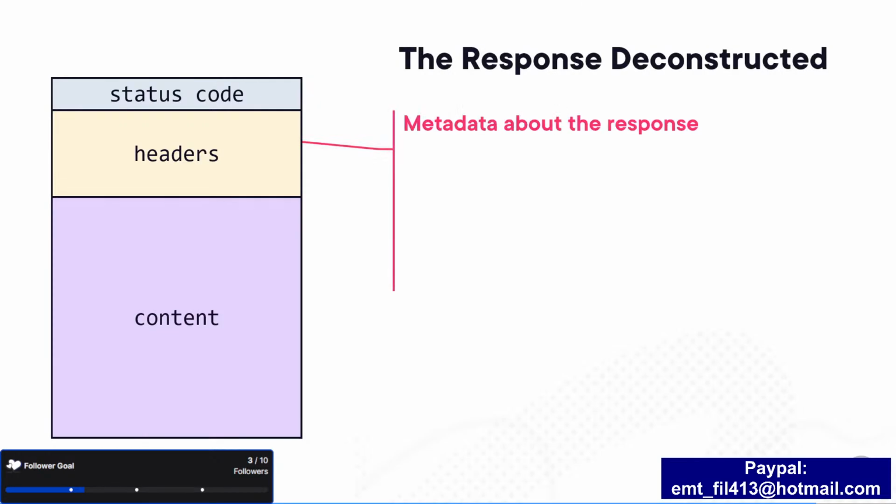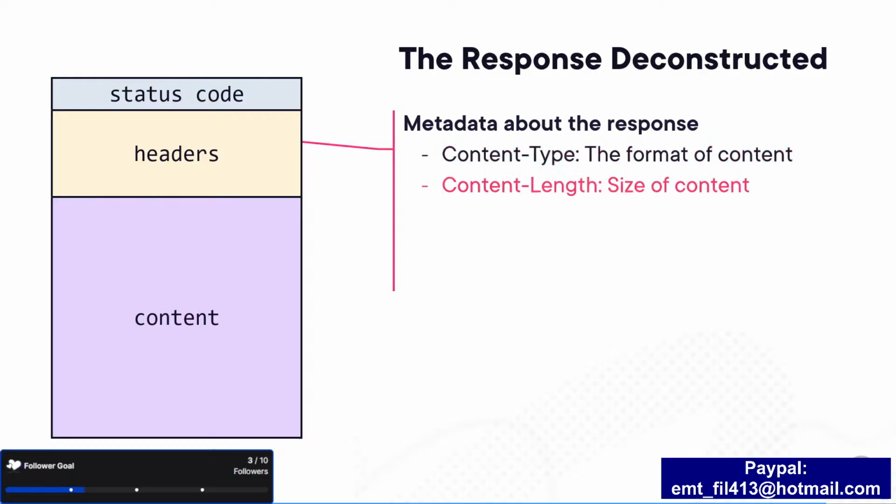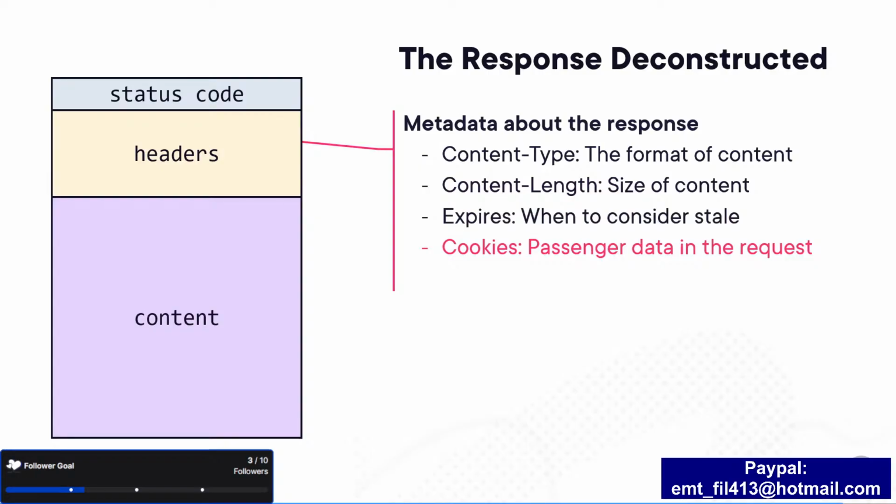The headers, just like in the request, are metadata about that response. This will be the type of content that is being returned, how big it is, when this content expires. So you might think about something as being stale or only valid for a certain amount of time. Cookies. So if cookies are sent to the server, they're most notably sent back to the client in the same form.